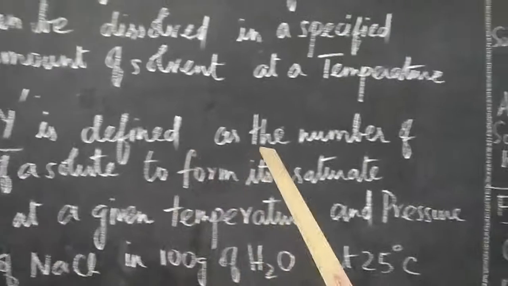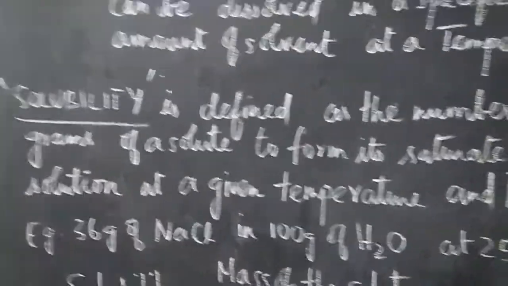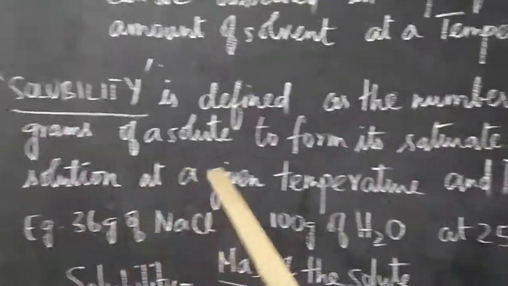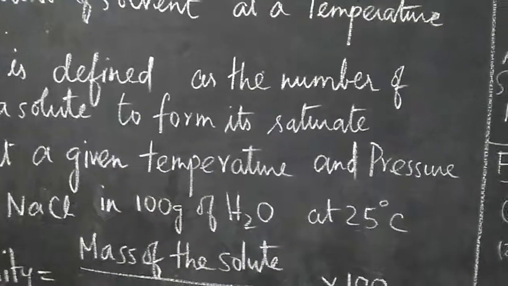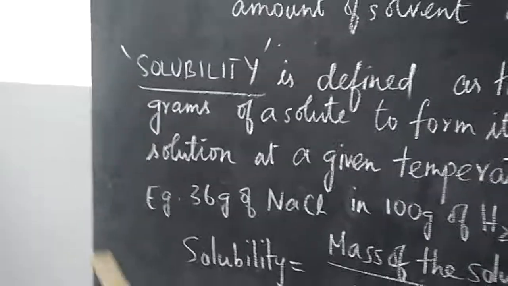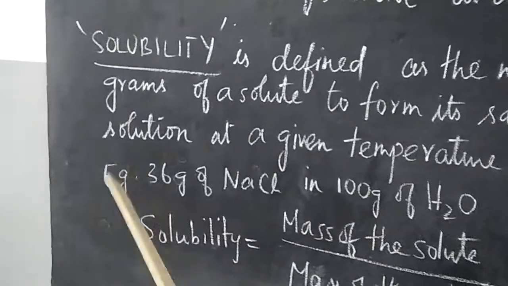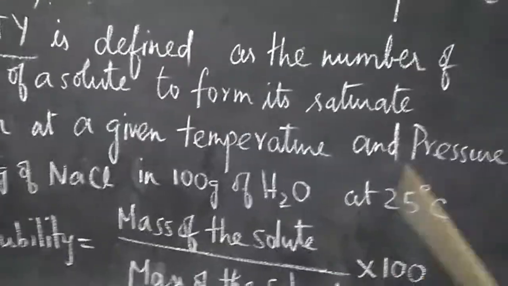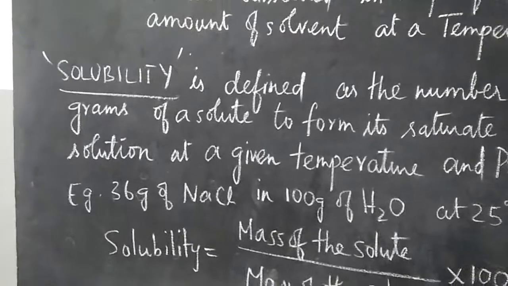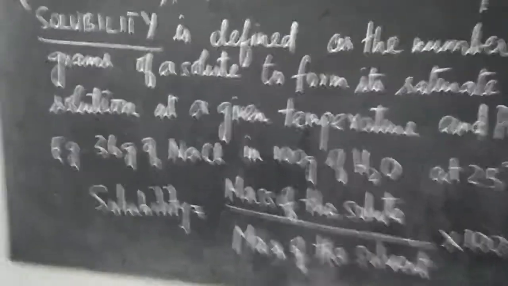Solubility is defined as the number of grams of a solute required to form its saturated solution at a given temperature. Saturated, not saturate, a D will come. Saturated solution at a given temperature and pressure. So at a particular temperature and pressure, how many grams of the solute can be maximally dissolved in a specific quantity of the solvent is called solubility.